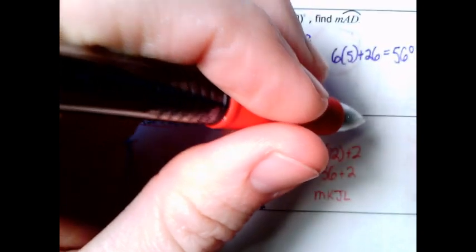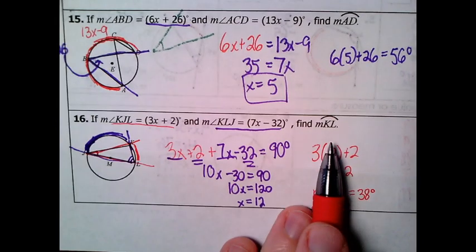So the measure of KJL is 38 degrees. Okay, that's the angle. But now they want the arc, KL.